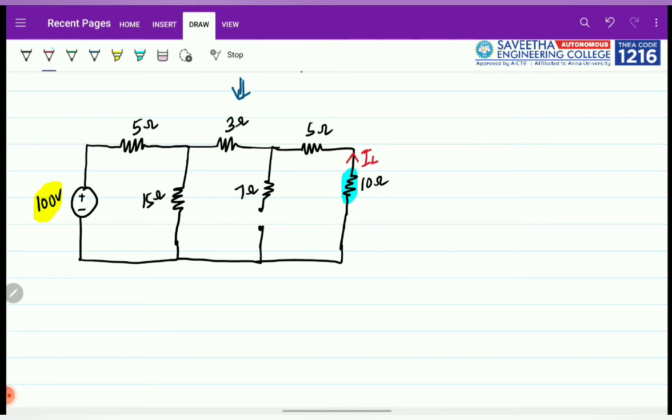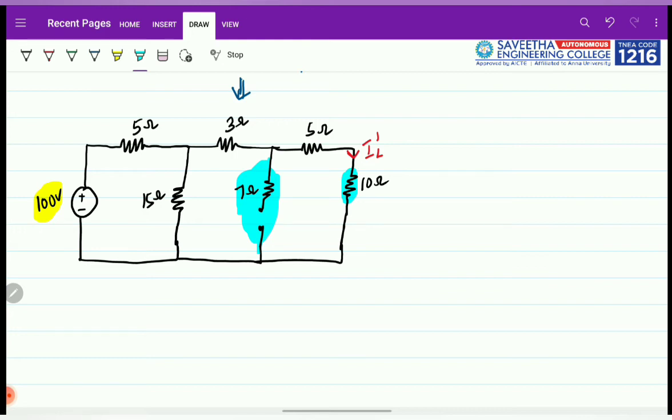I don't know the actual direction, but for this circuit the direction would be slightly changed. This is the direction of the current, which is I. I'll take it as IL dash for the first one. I'm going to find the current of this. But before going to the problem, please understand that this 7 ohm resistance is open circuited, so obviously there will not be any current flowing through it.